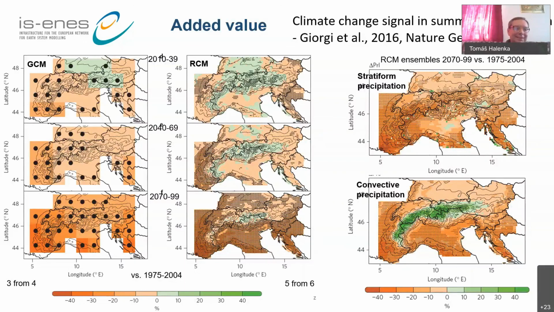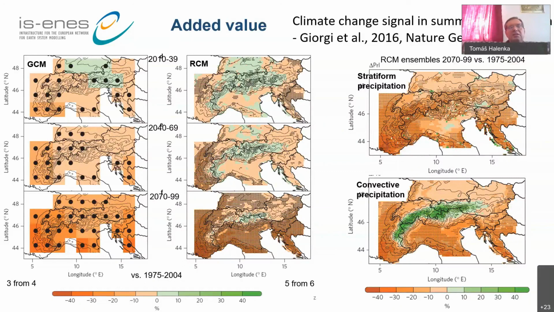And what you can clearly see is that from GCMs, the simulation is basically of the Alpine region, if you haven't recognized. In that region, you can clearly see that for the GCM, you basically get a decrease of summer precipitation. Not exactly uniform, but basically that's the direction. What you can see in the RCM is that actually that is not exactly true.